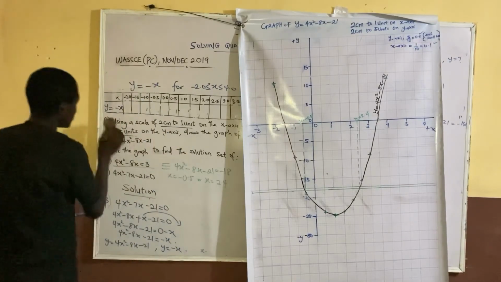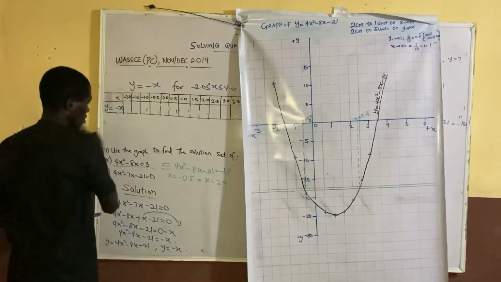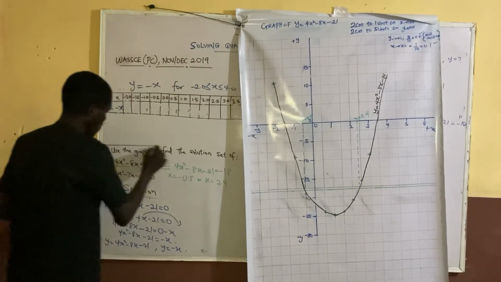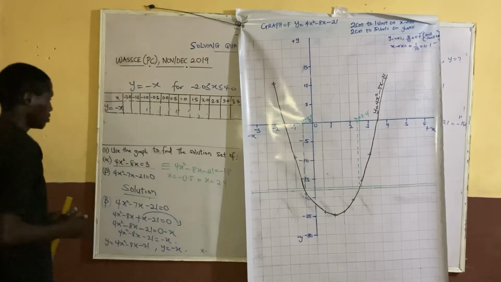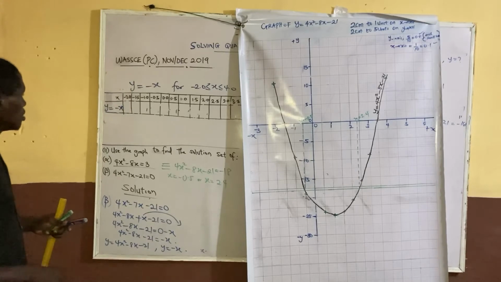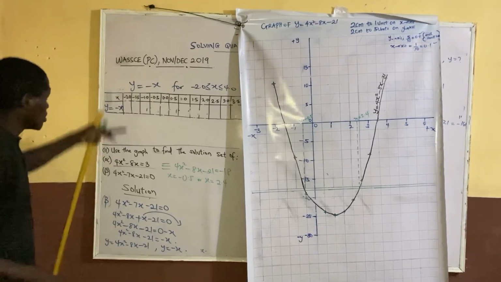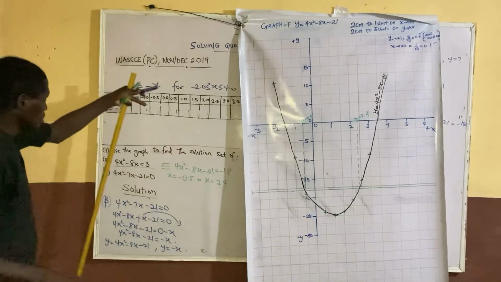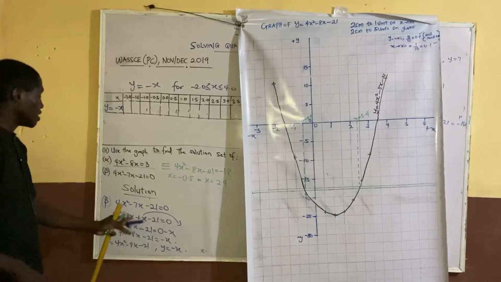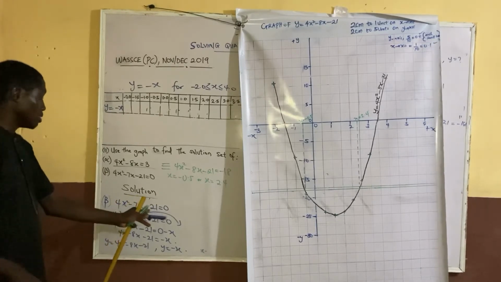Let me do this. Now, we are trying to draw the table of values for y equal to minus x, to solve 4x squared minus 7x minus 21.